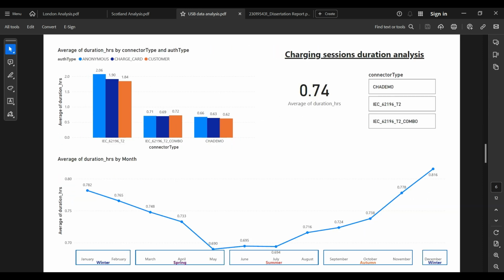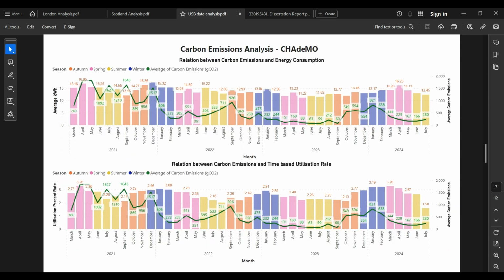So if we look at the carbon emission analysis, I've done the analysis for each type of connector. So we can see here for CHAdeMO, which is strictly used for Nissan vehicles, has seen some lower values of energy consumptions with a maximum of 16.95 kilowatt hour, and the energy consumption values are highest in the winter and spring season compared to that of summer season.